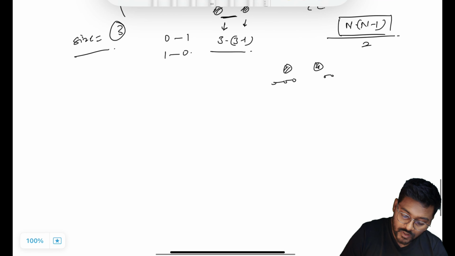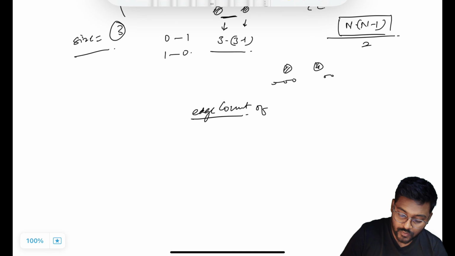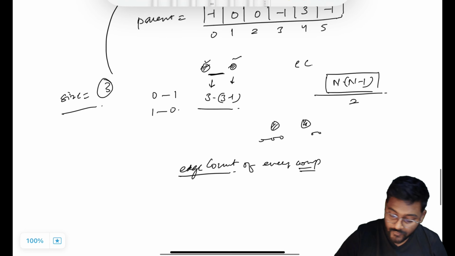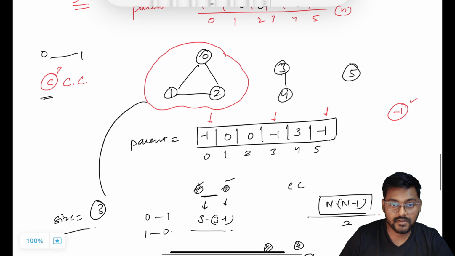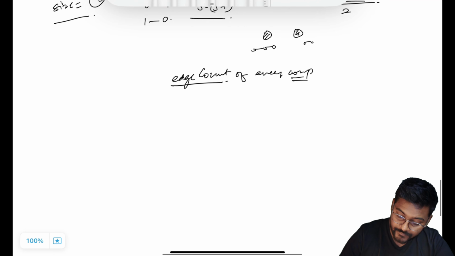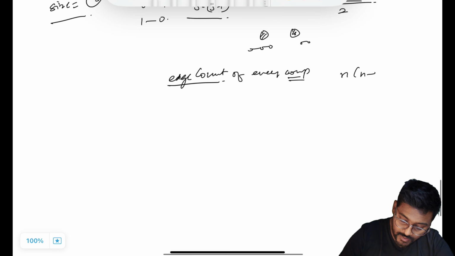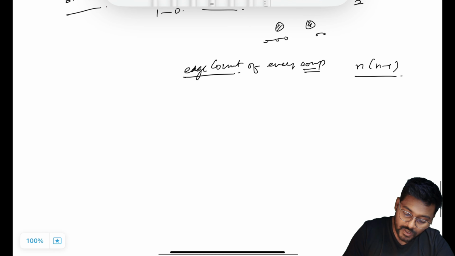So we need to figure out the total number of edges, the edge count of every component. How many edges are there in this component? N into n minus 1. But the edges given to us are unidirectional.